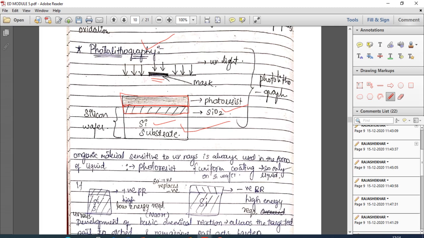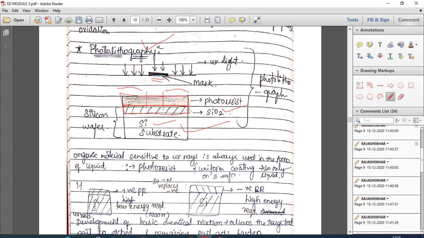Now, when this photoresist is exposed to the light using the mask, wherever we are using the mask, there is no fall of light. This part of the photoresist will not be exposed to the light, whereas the remaining parts, this part and this part, are exposed to the light.